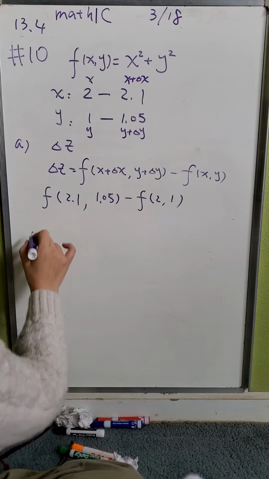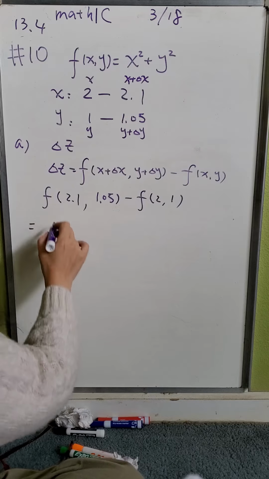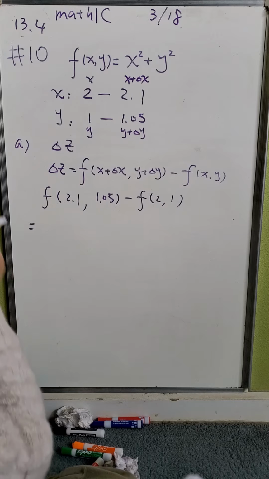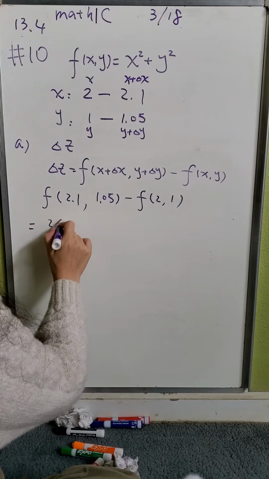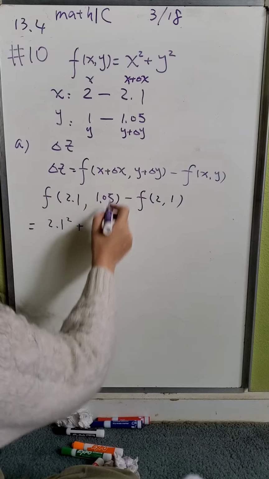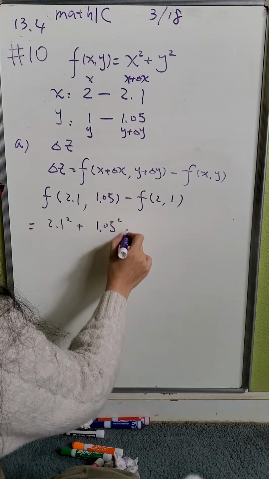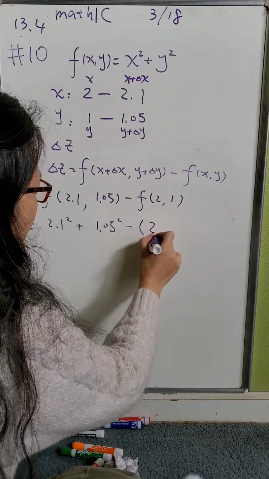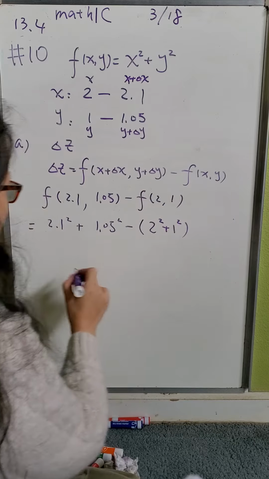So we just have to put into the formula, okay? So that'd be 2.1 squared plus 1.05 squared, subtract, and then now put the 2 and 1 inside, 2 squared plus 1 squared.